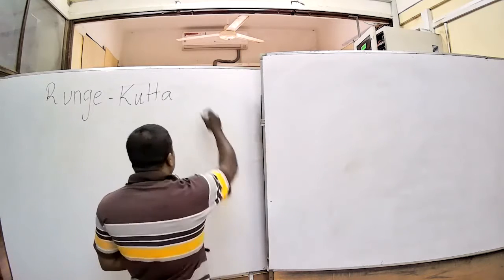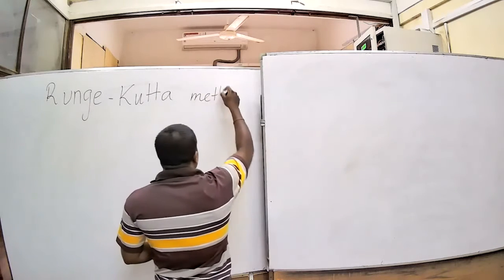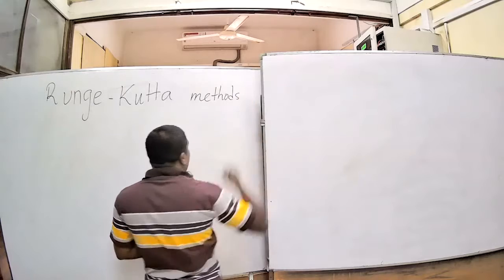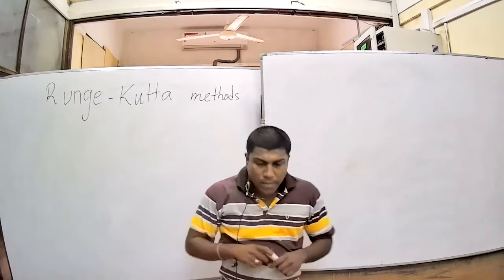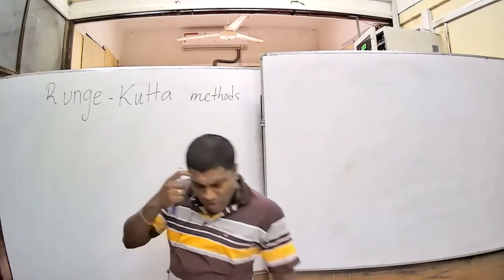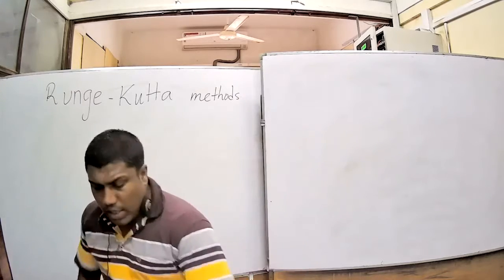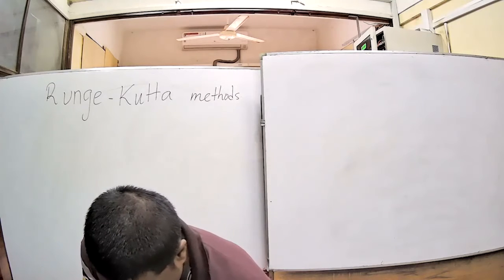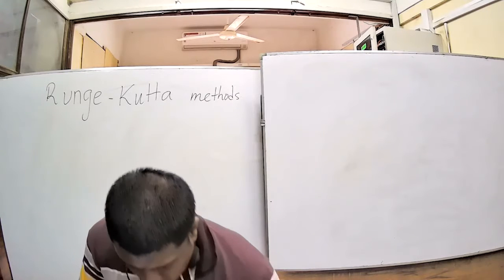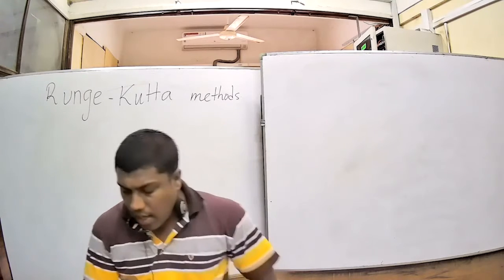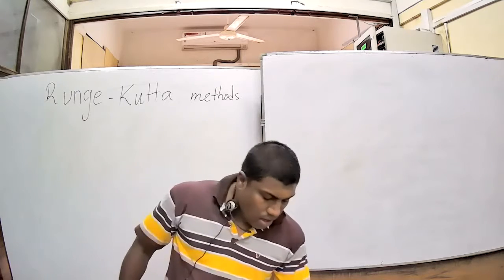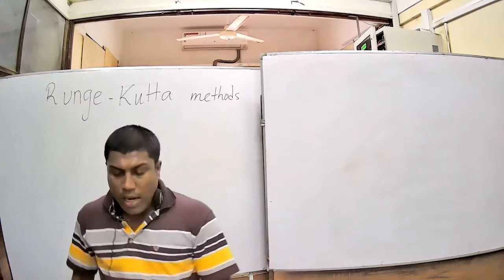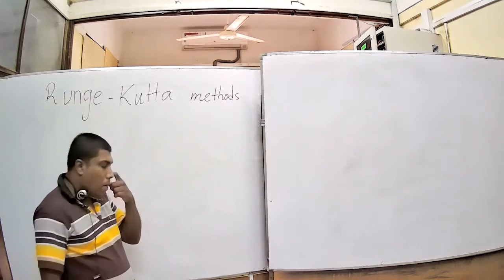Runge-Kutta methods. So here in Runge-Kutta methods, we are actually going to start with the Euler method, right, which you studied in the first chapter. It is the Euler method.